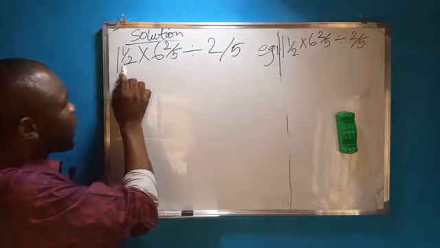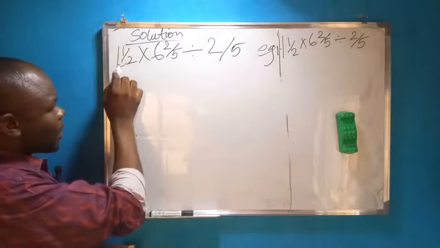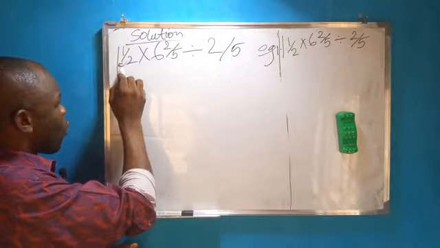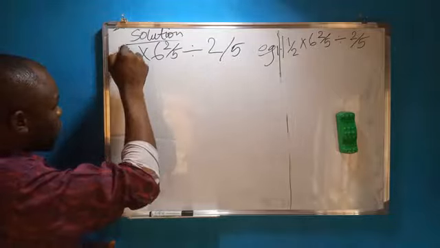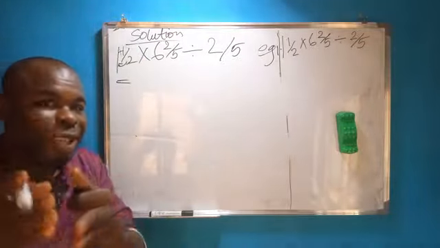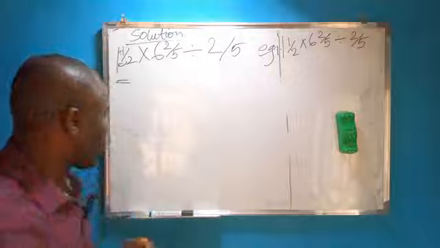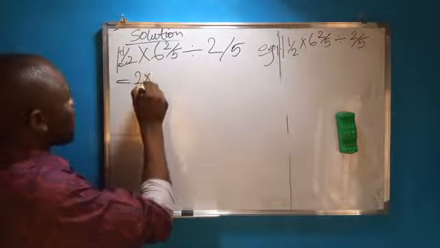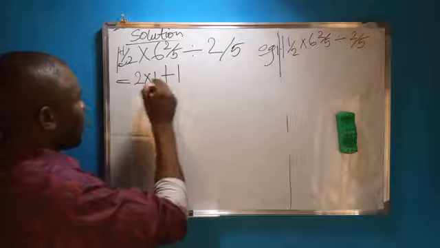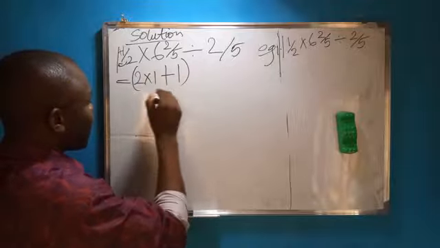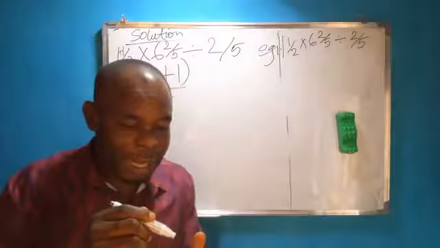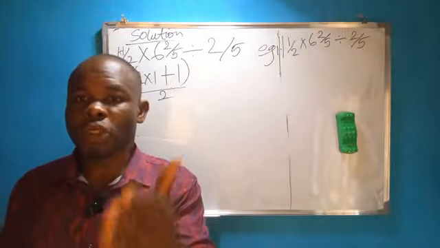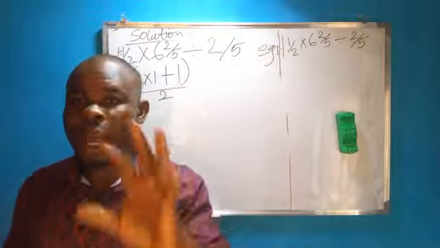Here you multiply: 2 times 1, and plus 1. I say 2 times 1 plus 1, all over 2. That's how to convert a mixed fraction to an improper fraction.